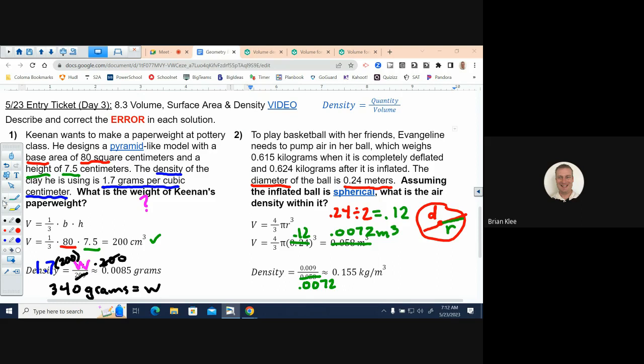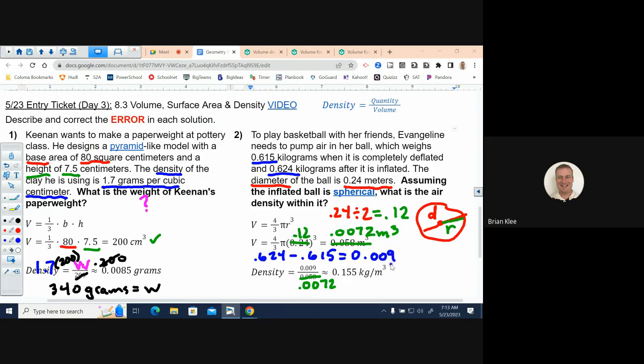And then double check that the correct quantity is in the numerator. Ultimately, that 0.009 is correct, because when we subtract the deflated number from the inflated number, we do get 0.009.